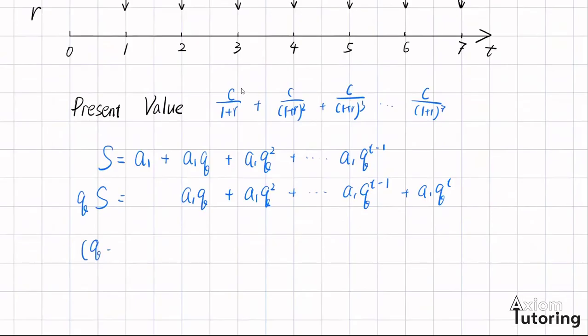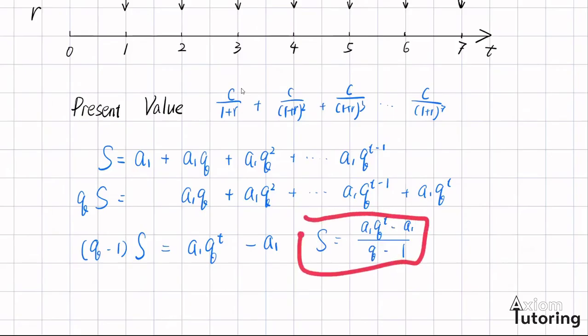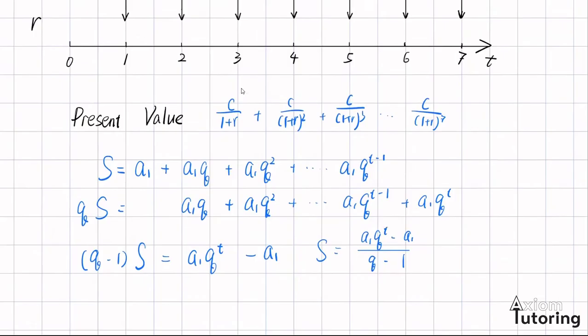So I have (q minus 1) S equal to, and you can see these terms will be cancelled, so you have a1 q to the power of t minus a1. With a bit of rearranging, S is equal to a1 q to the power of t minus a1, over q minus 1. This is the result of the summation of a geometric series.